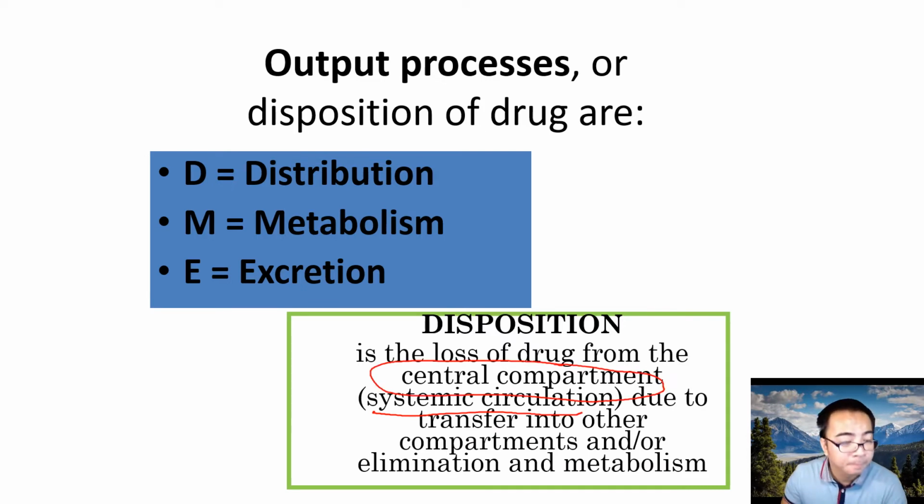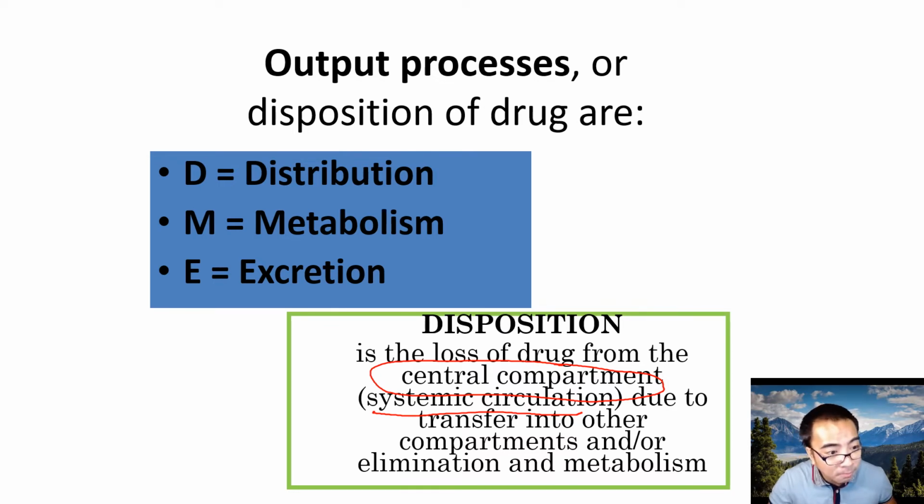Okay? So we use this synonymously. So when we say central compartment, class, okay, we're simply talking about the systemic circulation or any organs or tissues having similar blood flow. Yun na lang. Okay? So once a drug leaves the systemic circulation, it's already in a process known as disposition, or it's already in the drug output process.